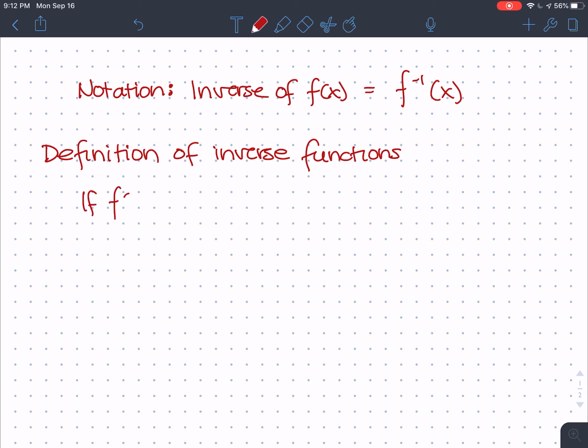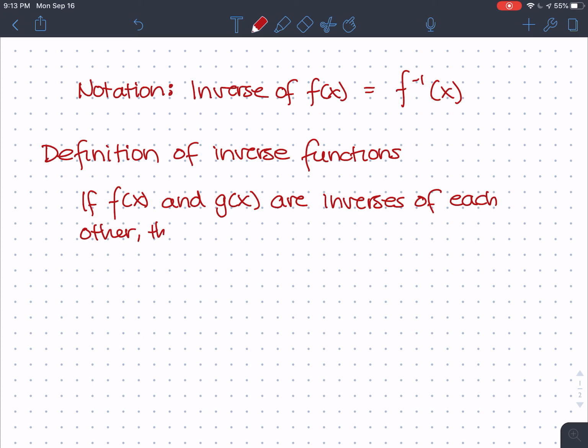If f of x and g of x are inverses of each other, then, and here's what it looks like. You can take some value of x, you can put it into one function, and you get an output, and you can take that and put it into the other function, and you should wind up right back where you started at x.